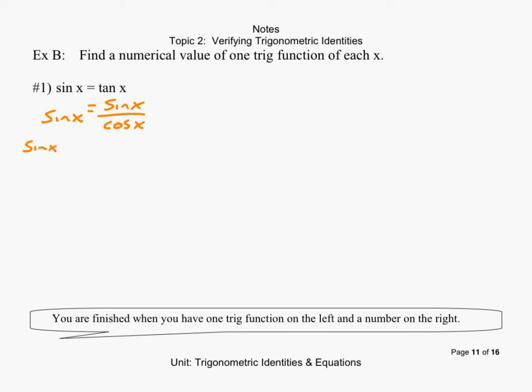The work for these problems, like the other ones, can look very different from someone else's work, and both people can have the correct answer. Then if I divide both sides by sine, then I get cosine by itself. That equals 1. So one answer for this is cosine of x is 1. You only need one. Had someone else done this different, they could have an answer for sine of x equals something, or tangent, or cosecant, or secant, or cotangent.